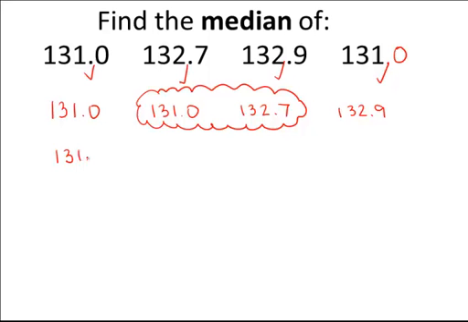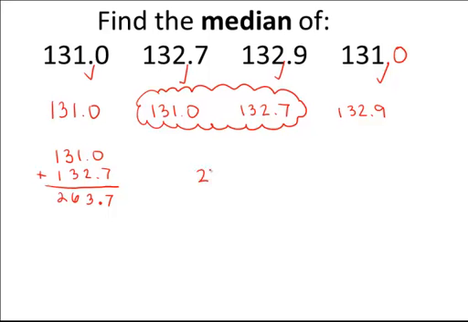To add up the two middle values, I will write the numbers vertically and add down my columns. And put in my decimal point to obtain a sum of 263.7.